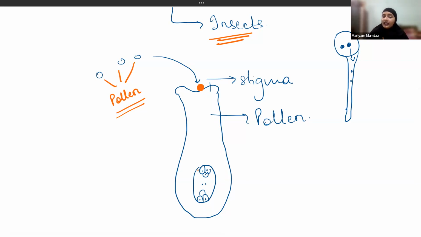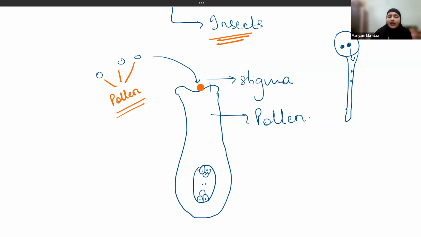And this pollen grain has to be of the right pollen, isn't it? For example, the rose flower should be pollinated by the rose flower only, right? If a marigold pollen lands on the rose, will the reproduction take place? Yes or no? No. Why? Because the reproduction has to take place between two similar organisms, not two different ones.